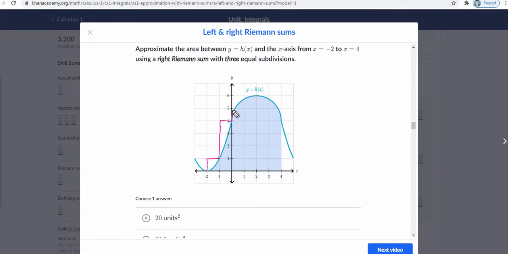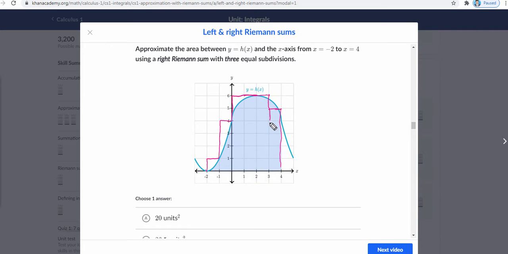The third division will be up till here. The fourth division will be up till here. And for the fifth division, I'll shift over here. So this is my last division.